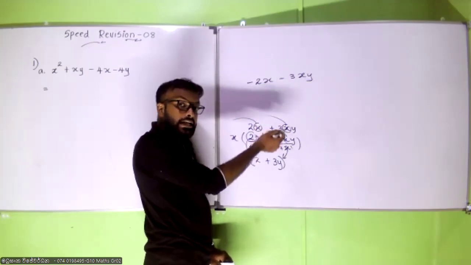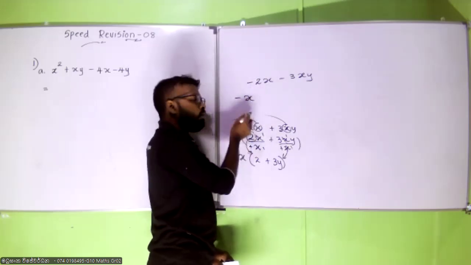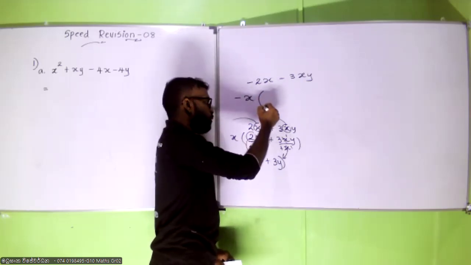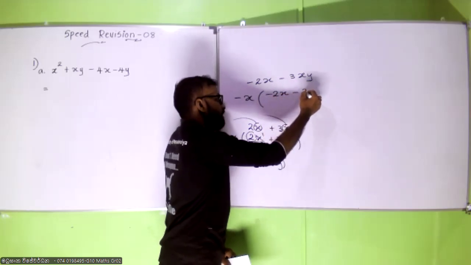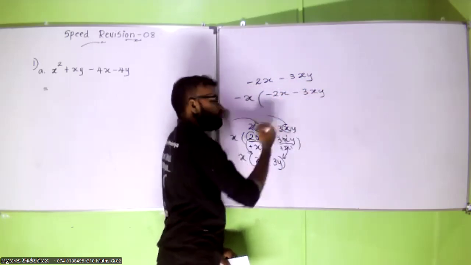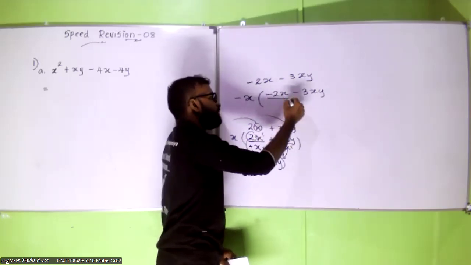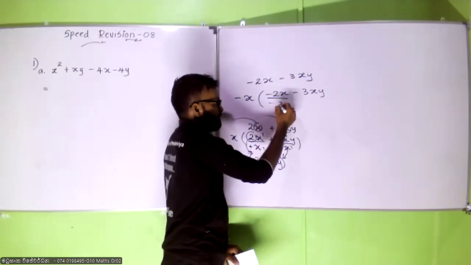So you can take negative x out. If you are taking negative x out of the terms as a common term, put brackets negative 2x, negative 3xy. Each and every term you are divided by the common term that you are taking out from the bracket. So negative.